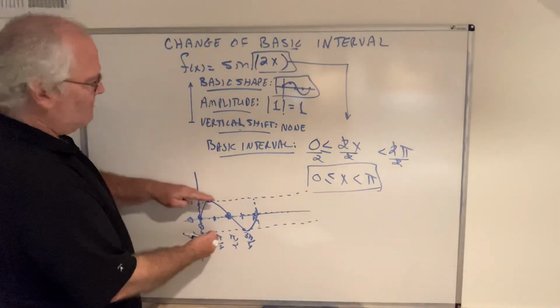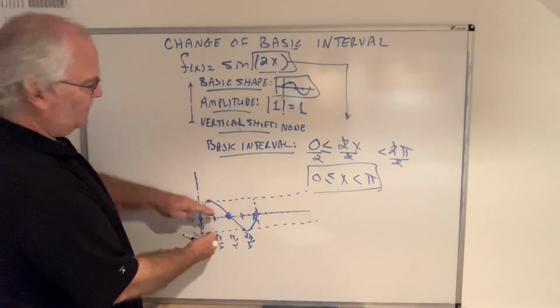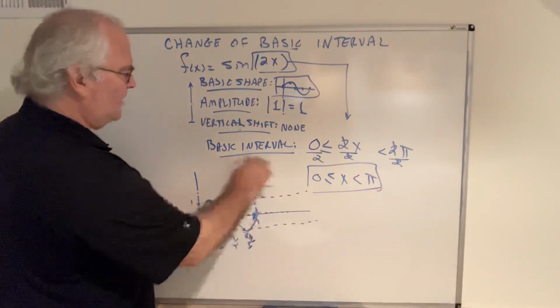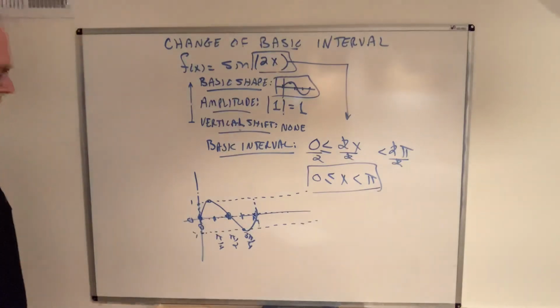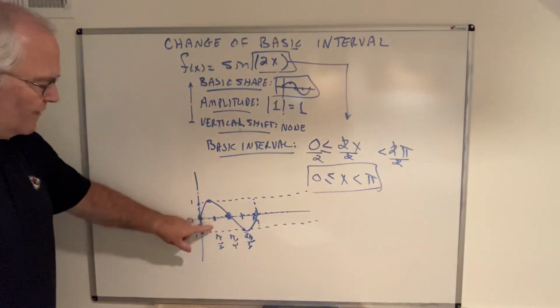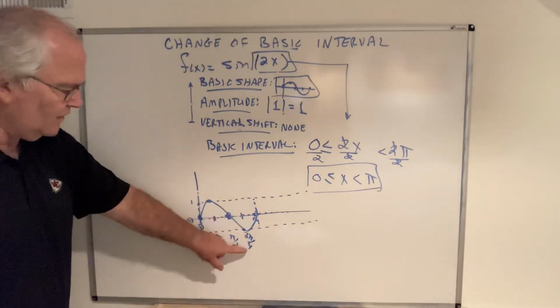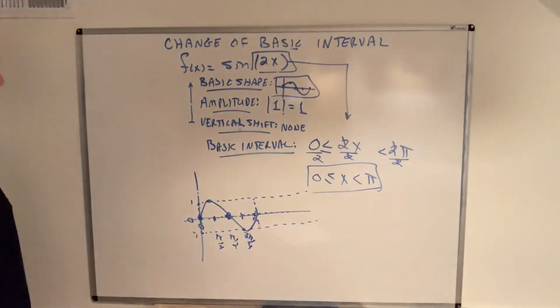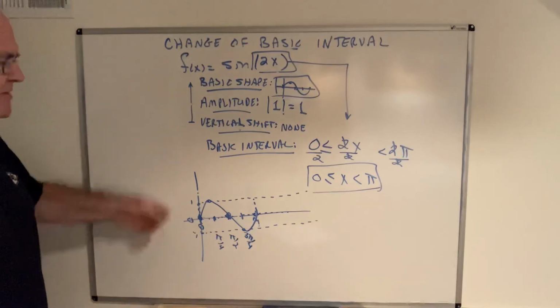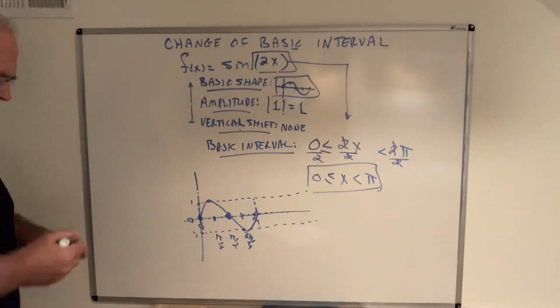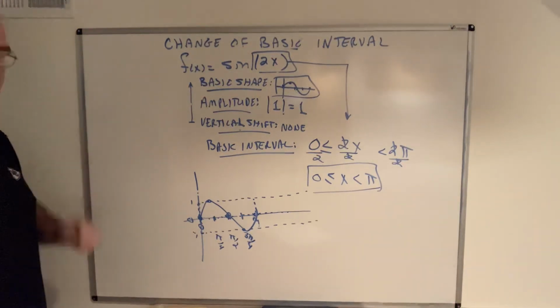We determine top and bottom by the amplitude and the shifting. We determine left and right by the basic interval. And then if you only have 2 of these, you have to subdivide these into fourths. 1/4, 2/4, 3/4, 4/4. So you label this picture correctly. So we'll go through several examples of this to make sure you get the feel for it. And it doesn't take nearly so long if you don't explain it as you go.